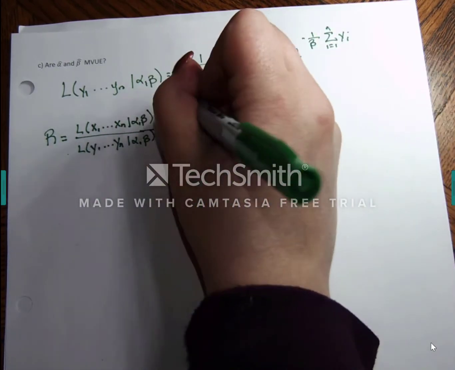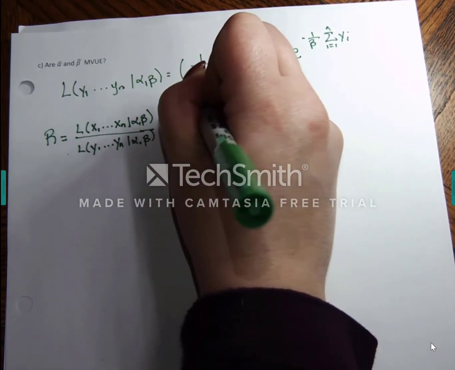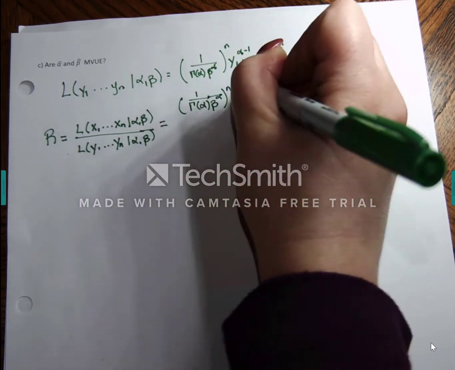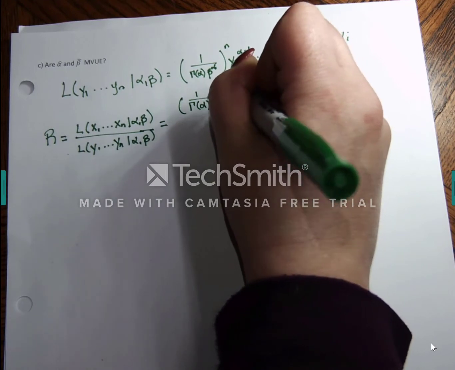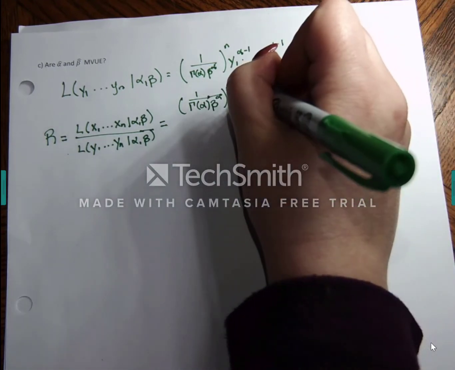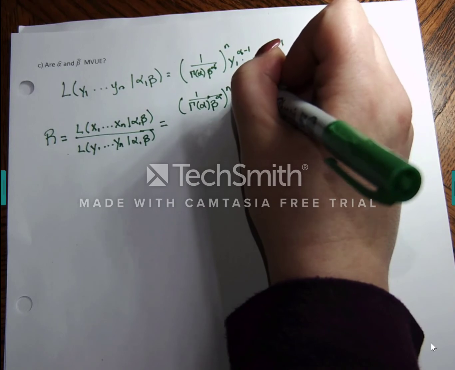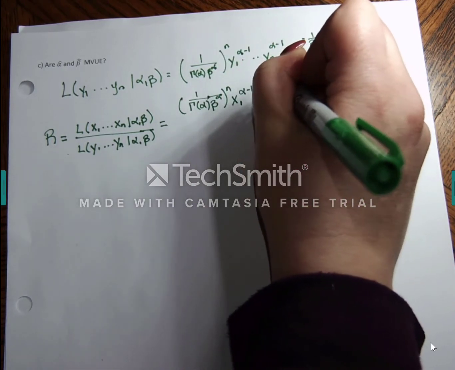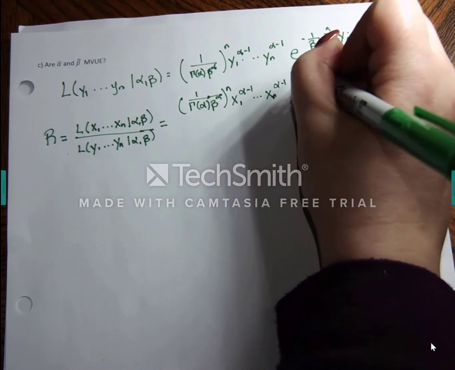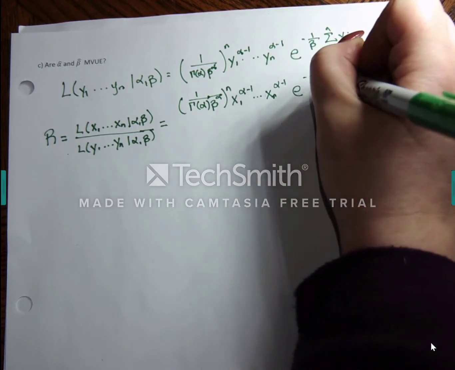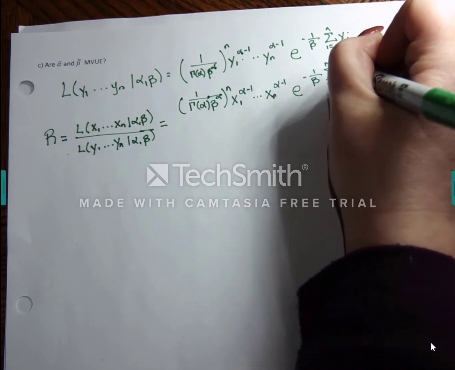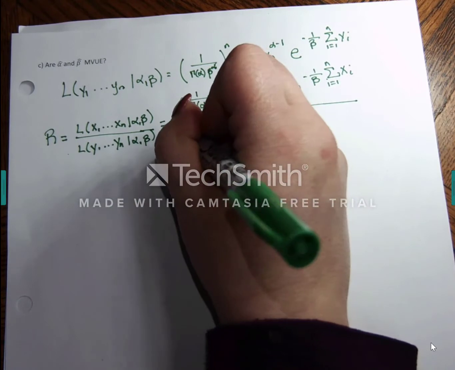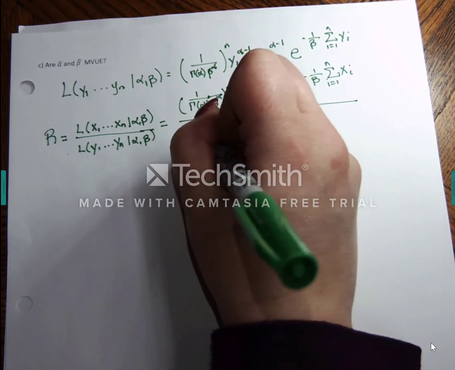So in the numerator, we've got the likelihood written in terms of x. Next, we're going to write the likelihood in terms of y.